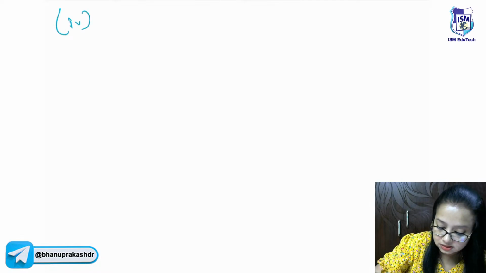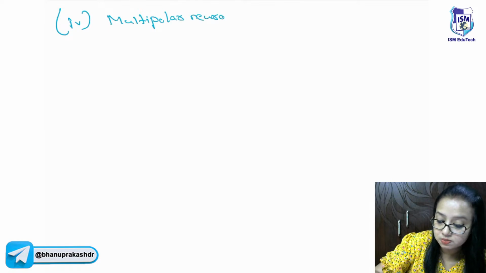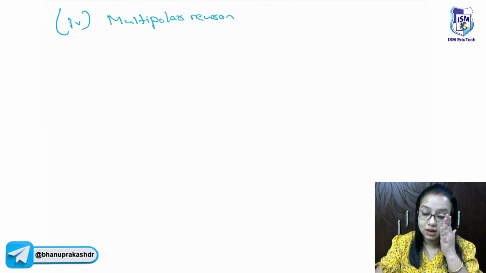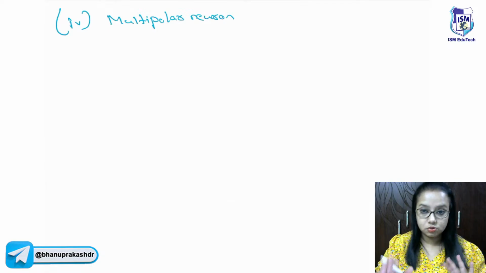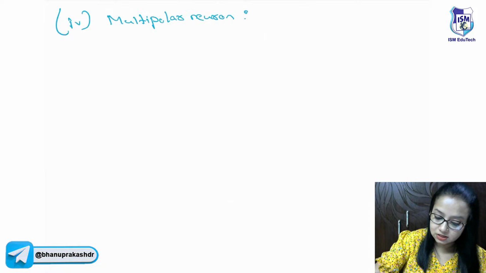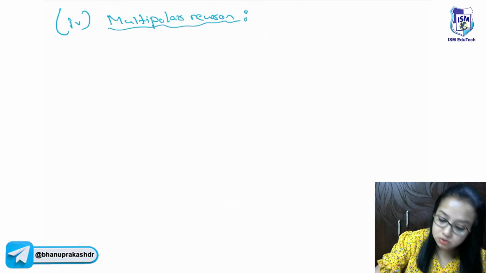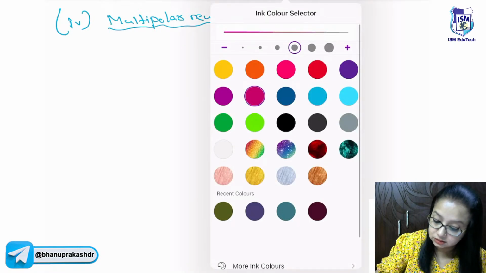Now comes the most common one, which is the multipolar neuron. This multipolar neuron is widely spread in the structures of the central nervous system. This is the one whose structure we discussed yesterday.